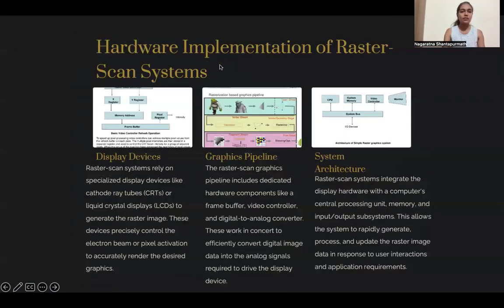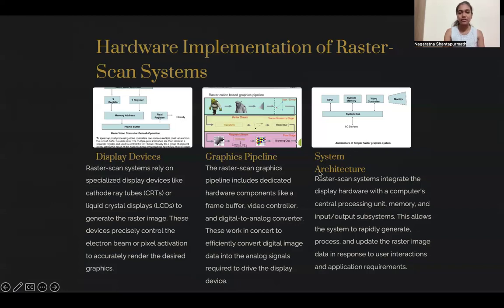It also consists of some hardware implementation, those are display devices, graphic pipeline, and system architecture. The display devices are CRTs, that is cathode ray tubes, and liquid crystal displays, and the graphic pipeline includes dedicated hardware components, those are frame buffers, video controller, and digital to analog converter for the conversion of the digital image to analog signals.